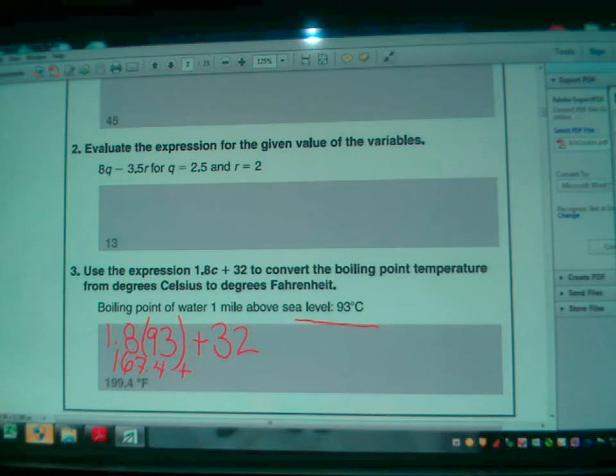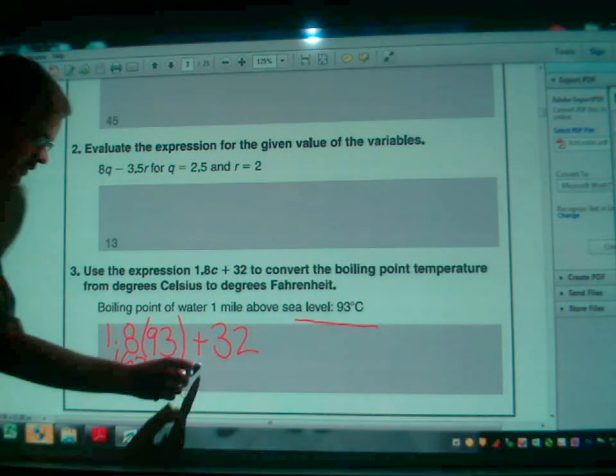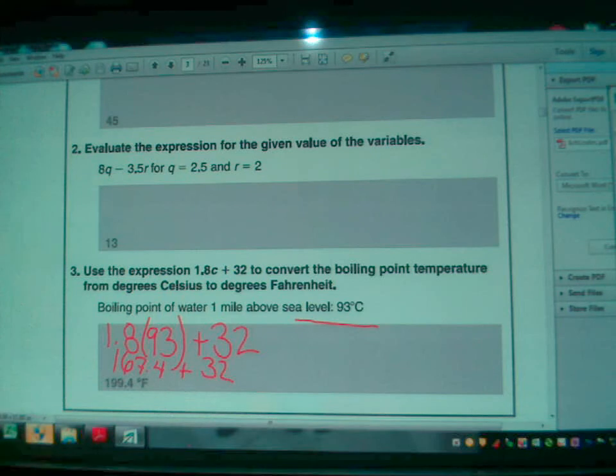And I'm supposed to add to that the 32 figure. And again, I'm simply doing the multiplication first because of order of operations. It would come before addition or subtraction. In this case, very specifically, addition. And when I do 167.4 plus 32, I do get 199.4, which is my final answer.